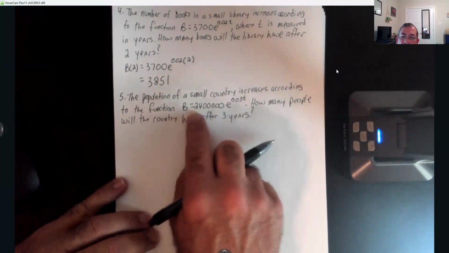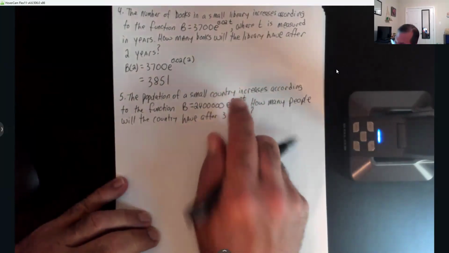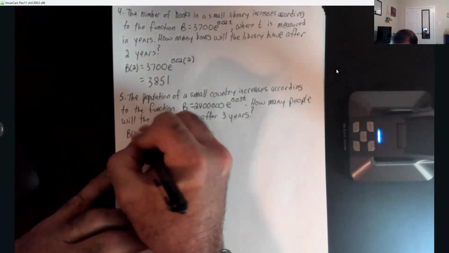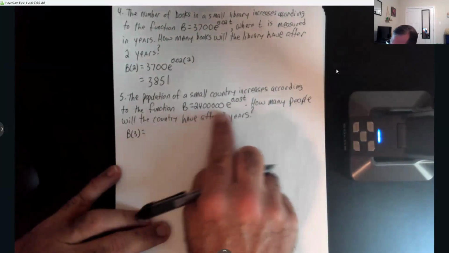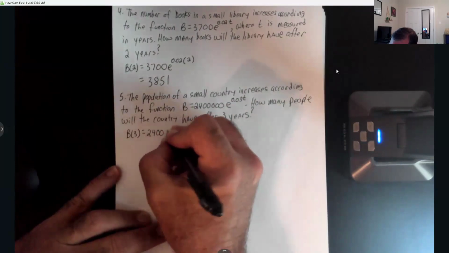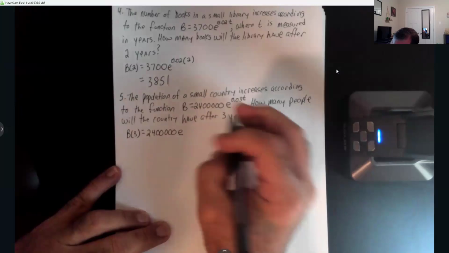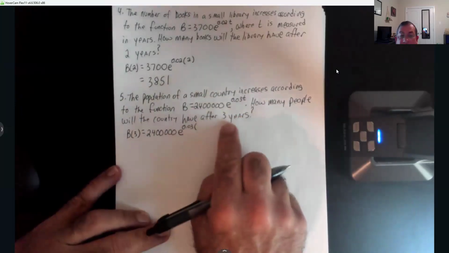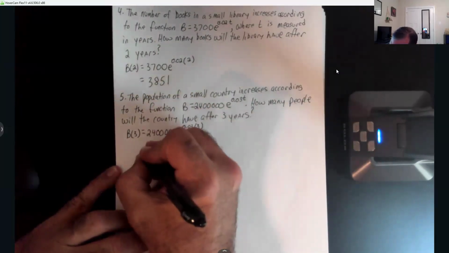But they're giving us the formula again. So we're looking at 3 years for our T this time. So we're basically finding B of 3. So it's going to equal 2,400,000 times our E to the 0.03 times T, which they gave us of 3 years.